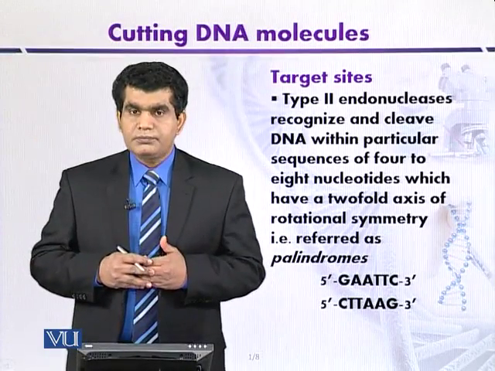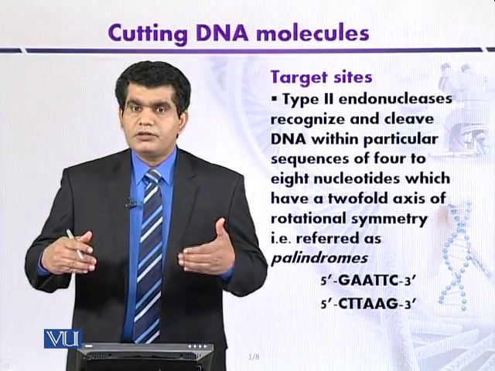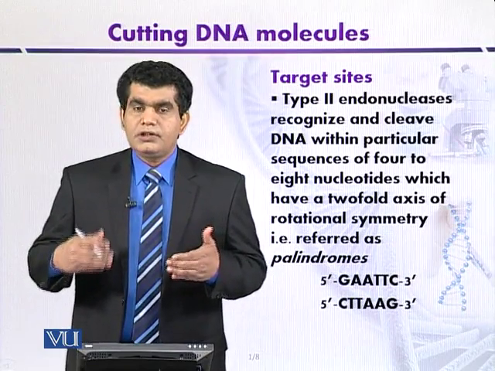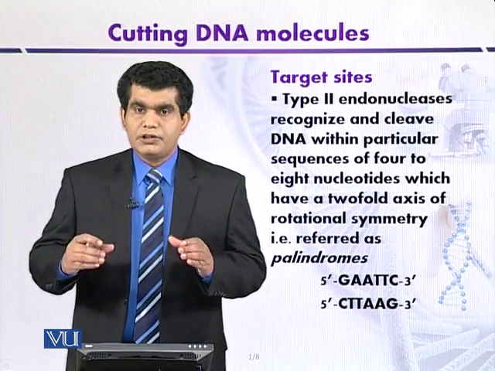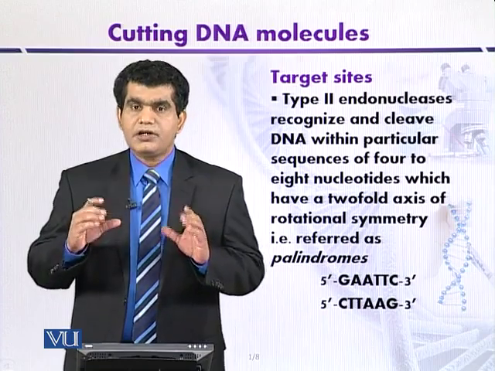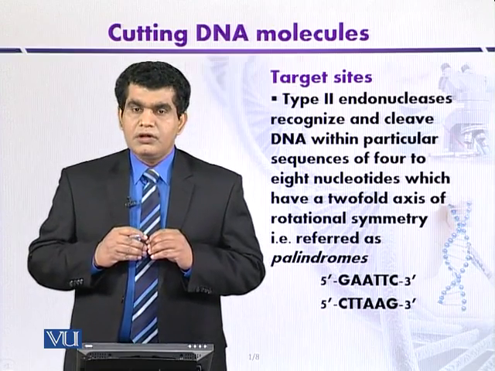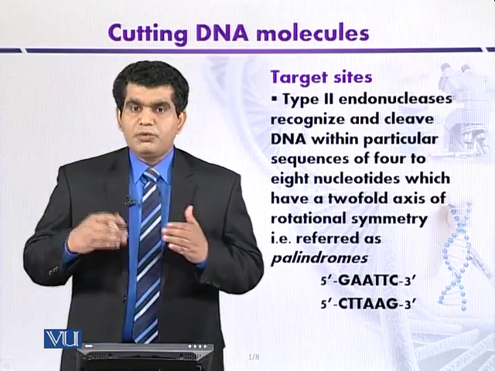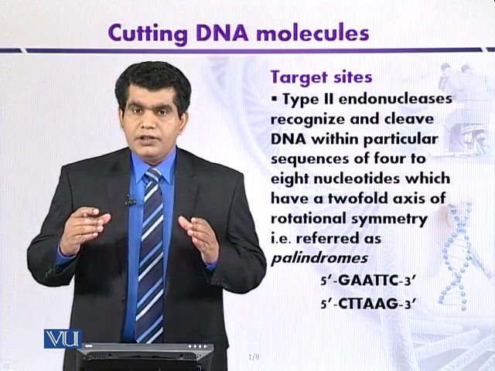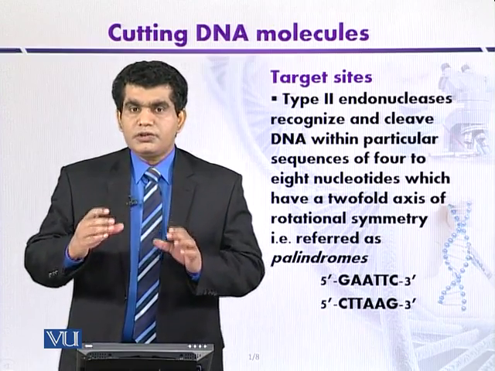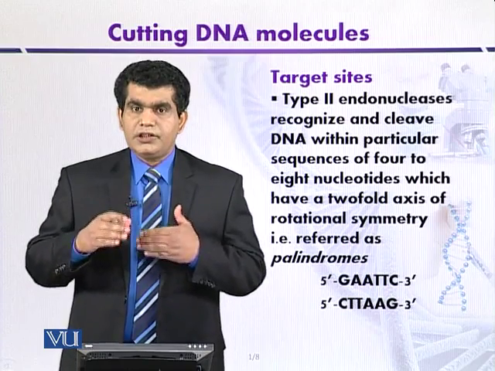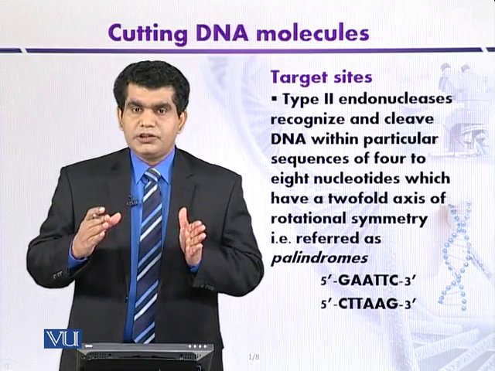Target sites. Type 2 restriction endonucleases can recognize a particular target site and cut within it. These type 2 restriction enzymes can cut those recognition sites that have a rotational symmetry.